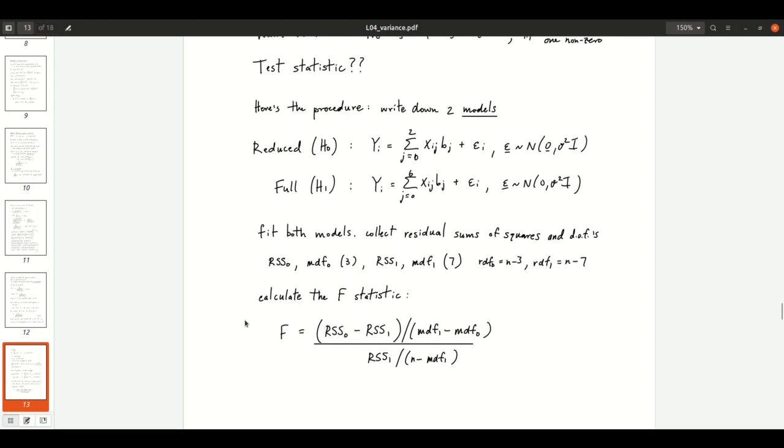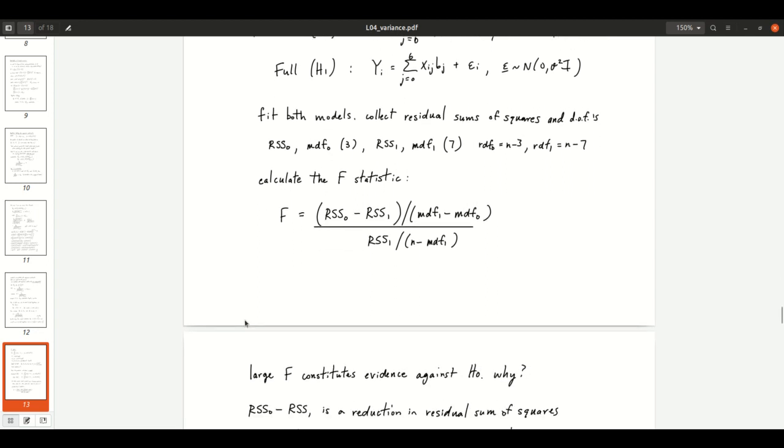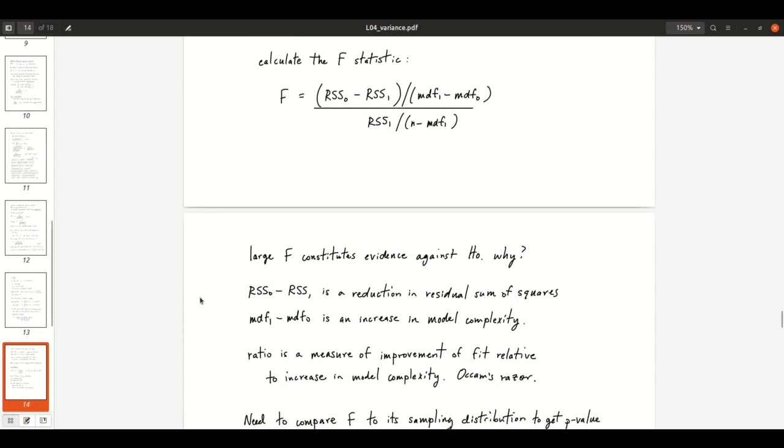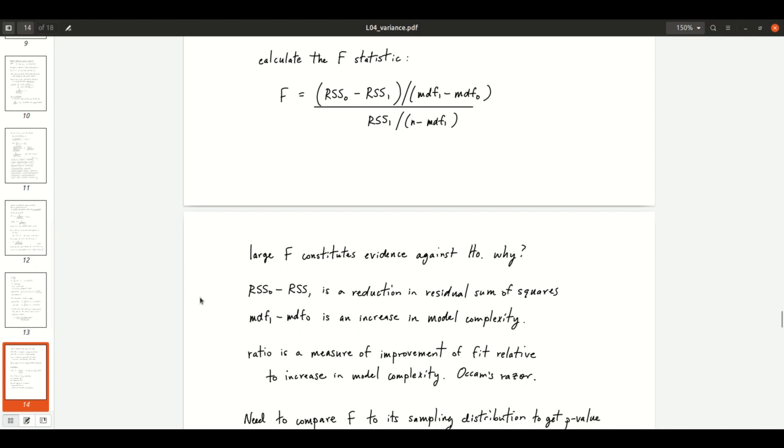So that's the statistic, and what we have to do is work out its sampling distribution. But before we do that, let's think about what this statistic is measuring and what values of the statistic constitute evidence against the null hypothesis.